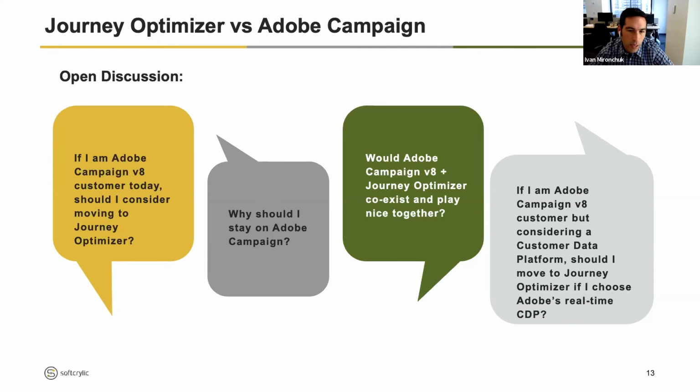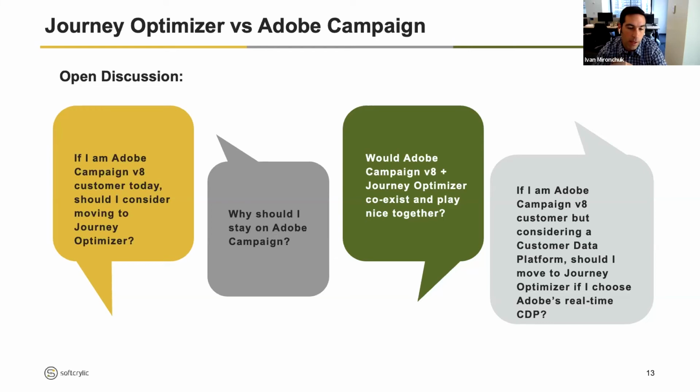I mean, it all depends on the use cases, right? There are definitely ways to create the orchestration and the profile data, bring that into AEP, and then build campaigns similar to what you have inside of Campaign within Journey Optimizer.